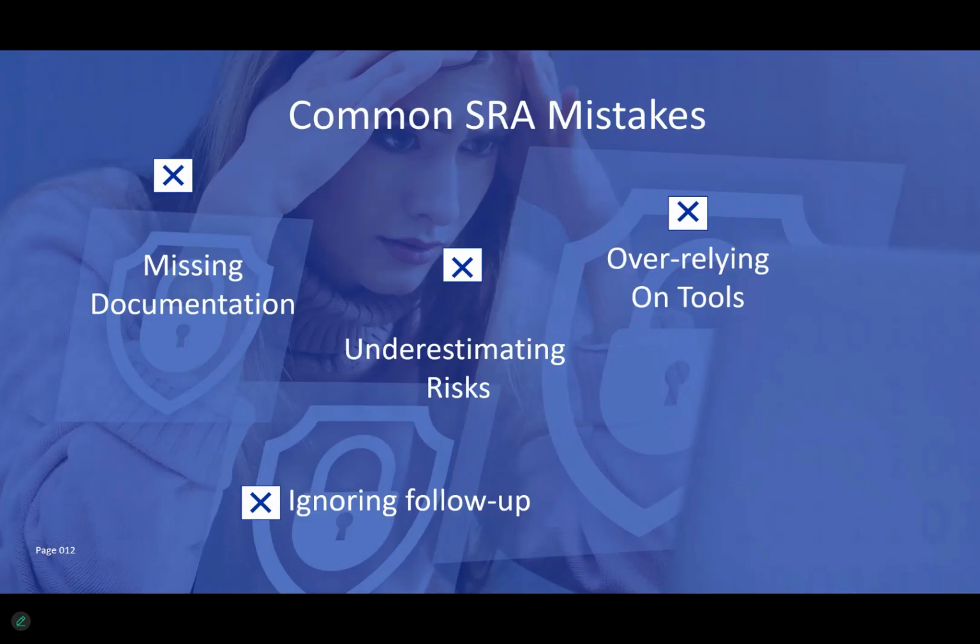So some other mistakes, like I said, is that people underestimate risk, right? Then also people rely on tools. Despite the fact that the SRA helps, they still need to use their common sense. The fact that you walk through the SRA and everything looks good does not mean that you should rely 100% on what the tool told you.